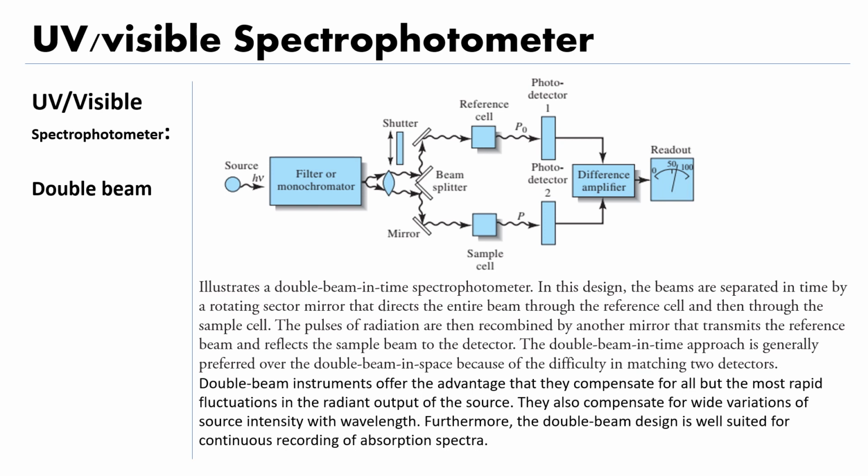Then there is the double beam. In the double beam spectrophotometer design, the beams are separated in time by a rotating sector. Suppose this is a light source. It produces emitting light radiation, which passes through the monochromator, after which we place a beam splitter.